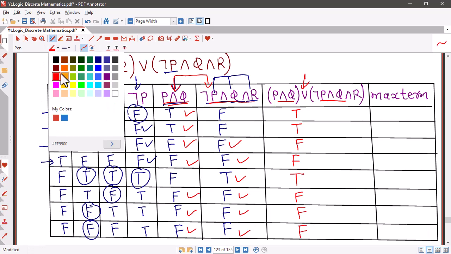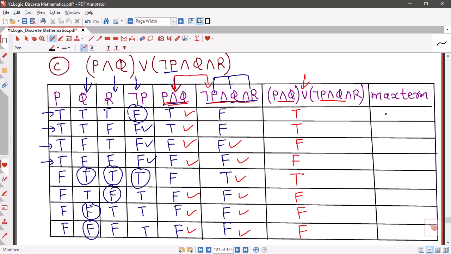Now to write down the max terms, we will concentrate on false truth values of given statement formula. So these two are true, and then we obtain first false truth value here. So we have to concentrate on values of P, Q and R, and we will write variable as it is if it is having truth value F, otherwise we will take negation of that variable.